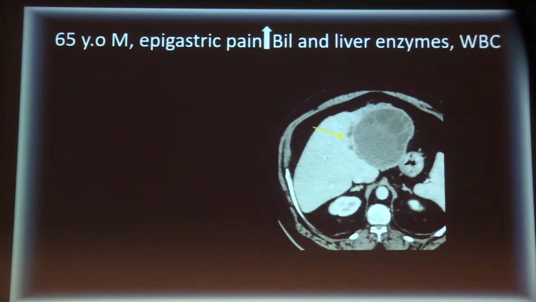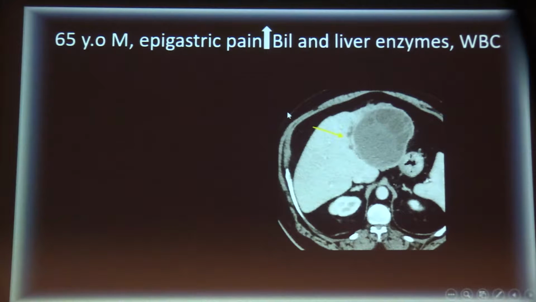Here is another case of a 65-year-old patient who presents with epigastric pain, jaundice, and elevated liver enzymes. He is known to have this cyst for almost 20 years but refused any treatment. Now he presents with this clinical presentation. What was concerning was the bile duct dilatation surrounding the cyst, and we thought that there may be a connection.